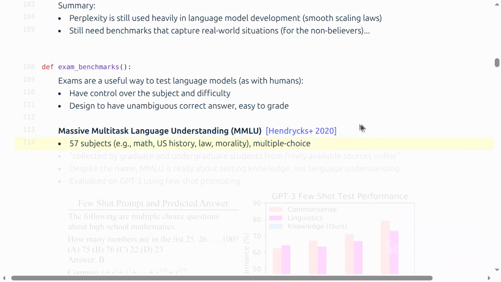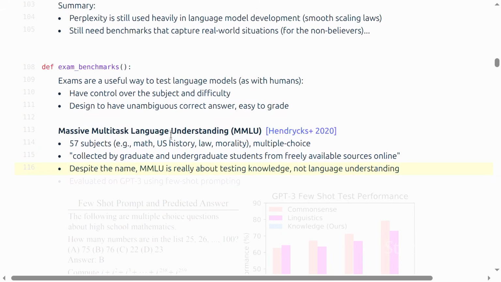But they had this idea that, let's try to be ahead of the curve here. We're going to go through 57 different subjects. We're going to have a team of students scour the internet for different sources, and really put together this very comprehensive dataset. And despite the name MMLU, which has the words language understanding, it's really about testing knowledge and reasoning. It's less so pure language understanding.